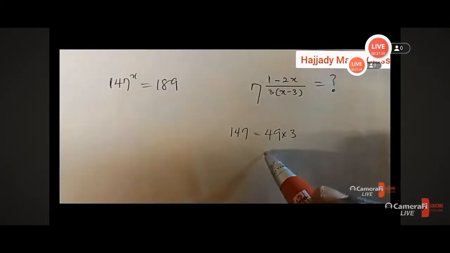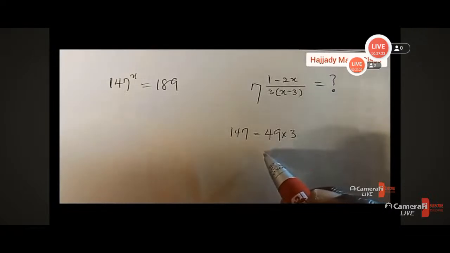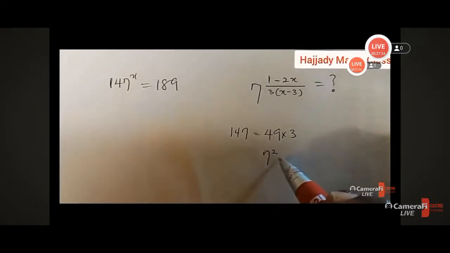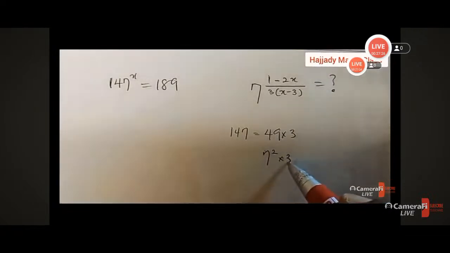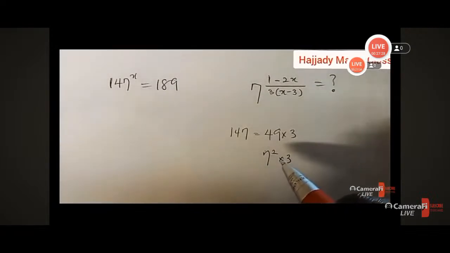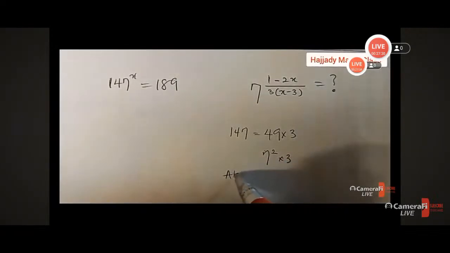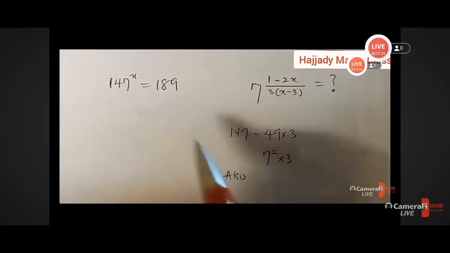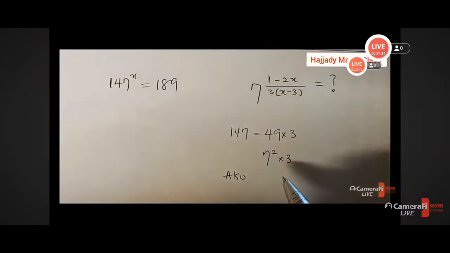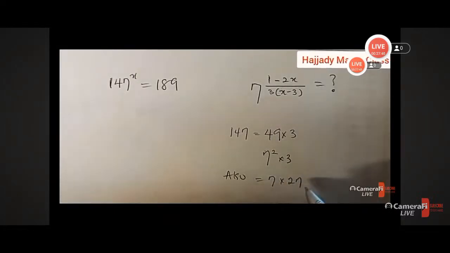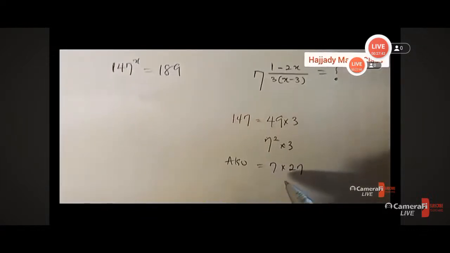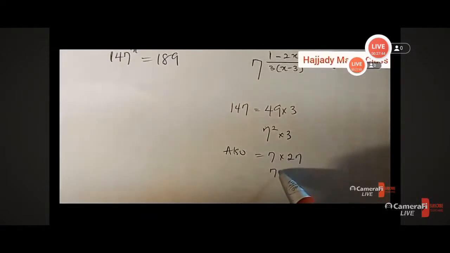Our 49 can be written as 7 raised to power 2 multiplied by 3. Also, we have that 189 can be written in the form of 7 multiplied by 27, and 27 also can be written in the form of what? 3 raised to power 3.